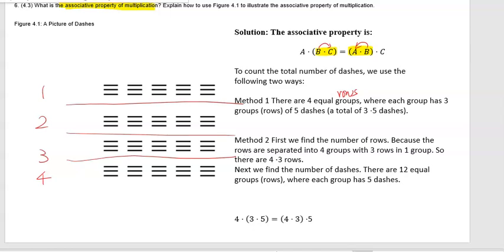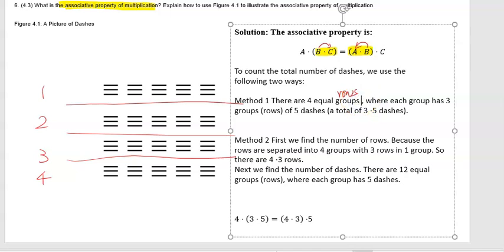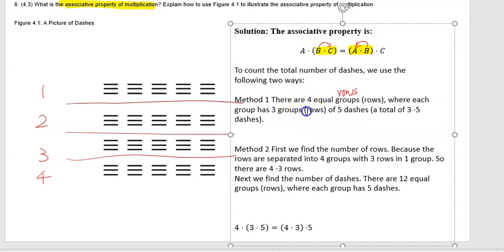I probably should change the three groups here to sub rows, because you can see that in the first big row we have 1, 2, 3 sub rows. So I'm going to call them big rows, and call these sub rows to be specific.